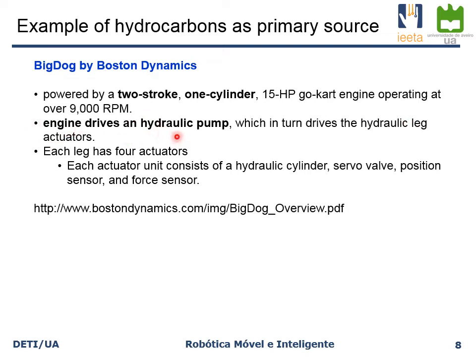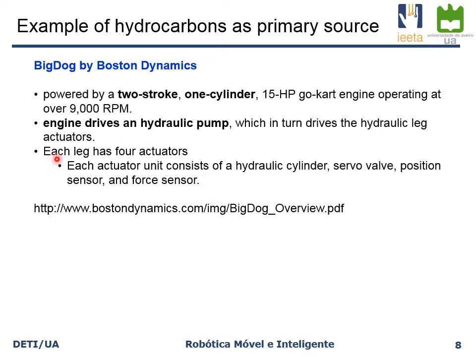So we could say that there are two levels of primary energy source. The top level, which is the fuel, and the second level, which is a hydraulic energy source. Each leg in this case has 4 different types of actuators, and each actuator unit consists of a hydraulic cylinder, a servo valve, a position sensor, and a force sensor.